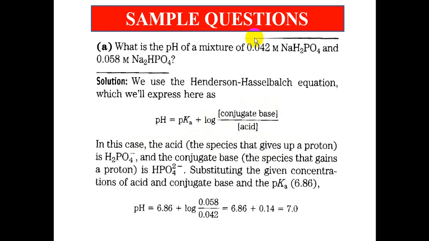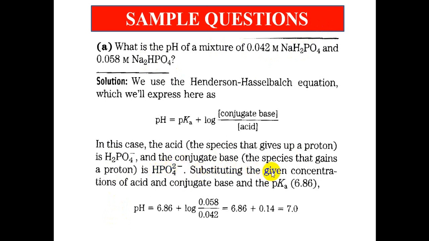The acid is this one because it has more protons; the hydrogens are 2. Here the hydrogen is only 1, so this is the base. The conjugate base, the species that gains a proton, is HPO4 2-.